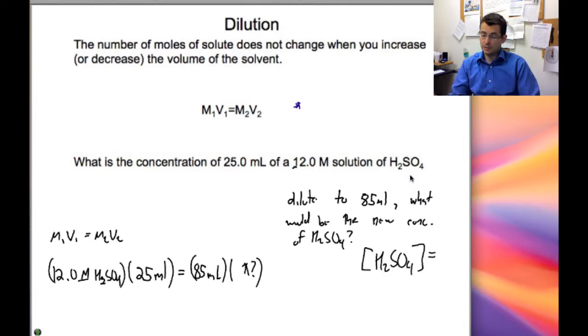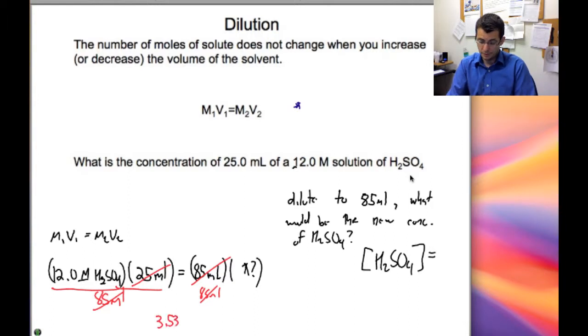Now, you rearrange and solve, milliliters cancel, and you're left with the following. The new concentration would be 3.53 molar, which makes sense. We've increased the volume by 3 or 4 times, and so the concentration should decrease by a similar amount. So this represents another way of generating a solution of a fixed concentration.